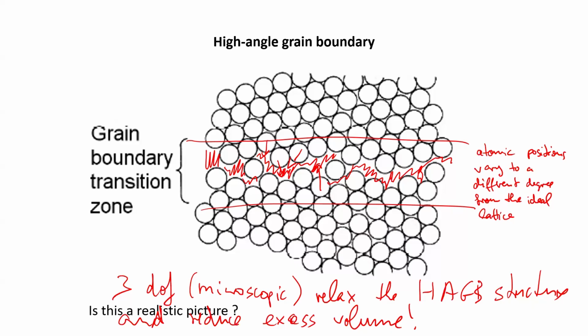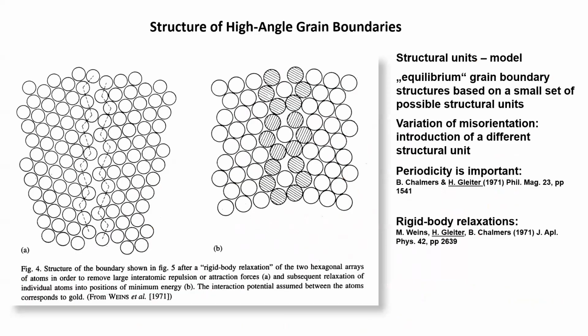Only then has the grain boundary structure of high-angle grain boundaries been built, and then it can again be described by different methods. And these different methods are, for example, the structural units models. They have been very successful, even though they are quite old. So they were invented in the 1970s.